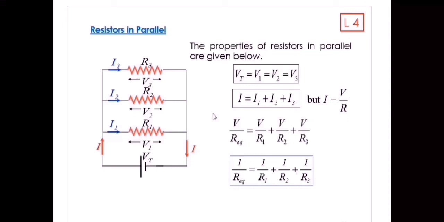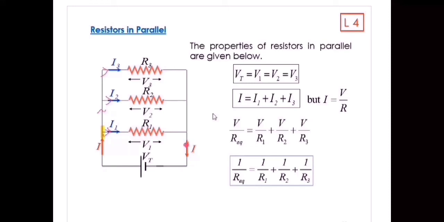So when the current splits into 3, we cannot say that the current is the same at all resistors. The current will flow here, and when you reach here, some current would go to the first branch, some to the second one, and some to the third one. Then when it flows out here at this point, all 3 currents would be added up together.